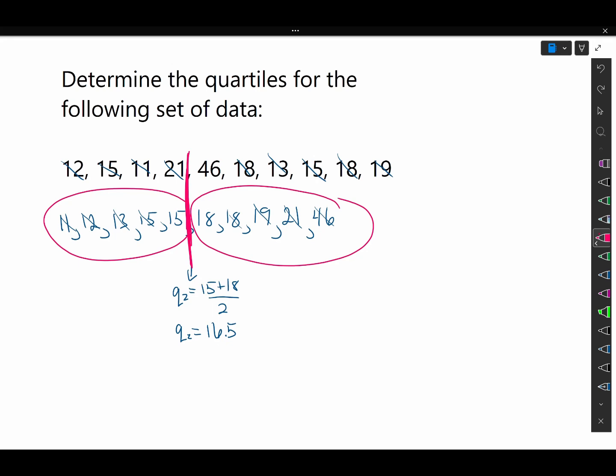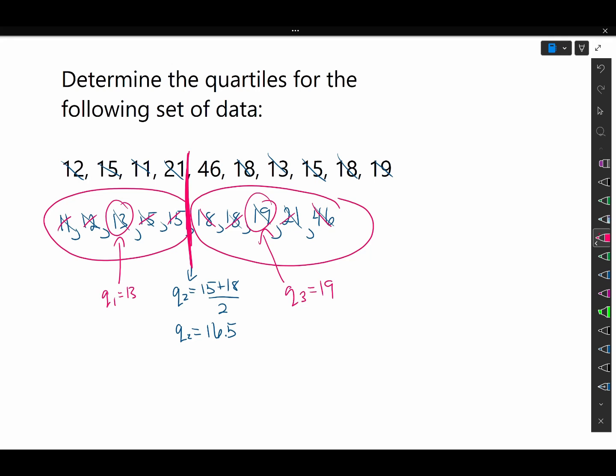We're going to use all of our data points when we're calculating our Q1 and Q3. So for Q1, nice and easy here, I'm finding the median of the lower parts of our data. Q1 is 13. For Q3, I'm finding the median of the upper parts of our data. Right there, Q3 is 19. Nice work.